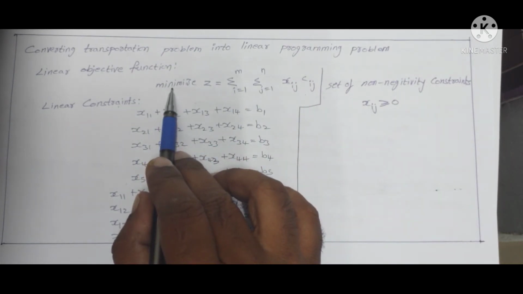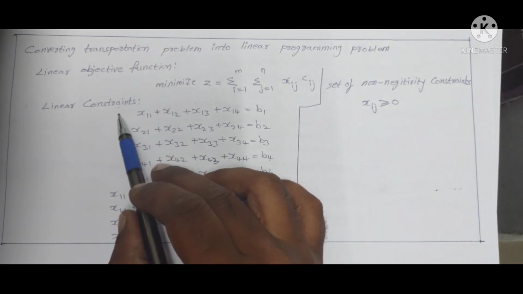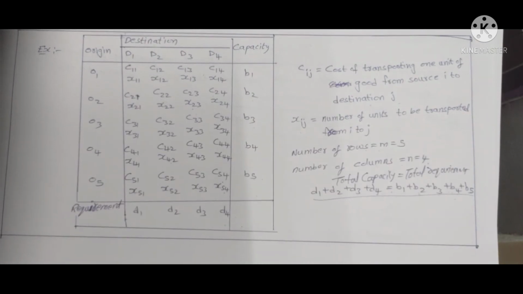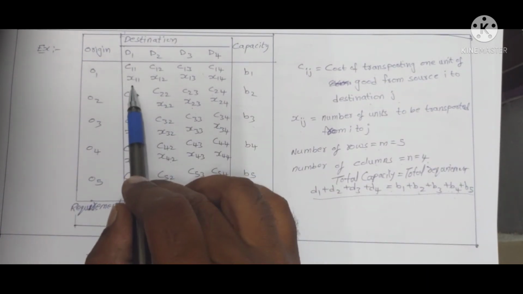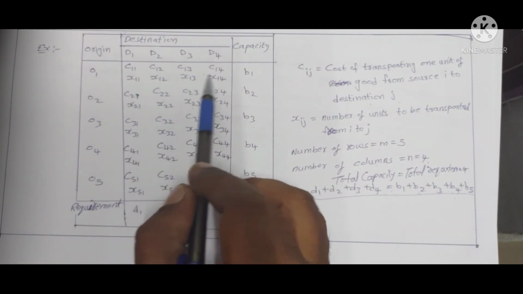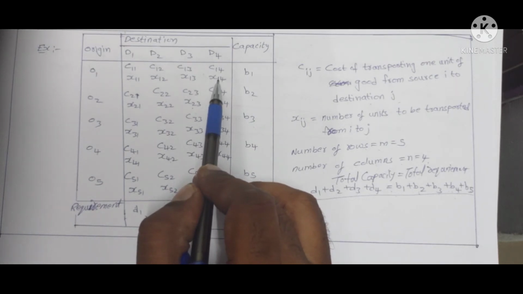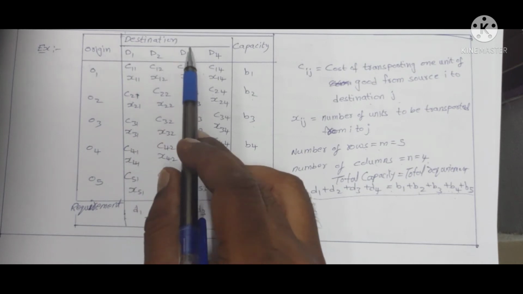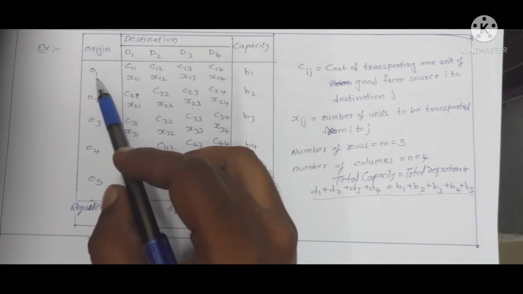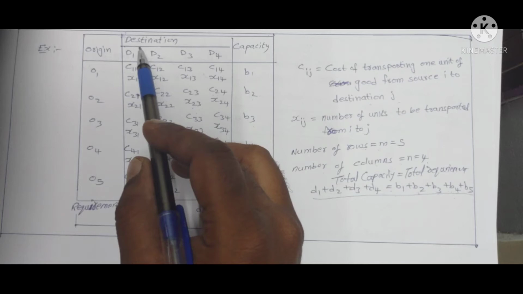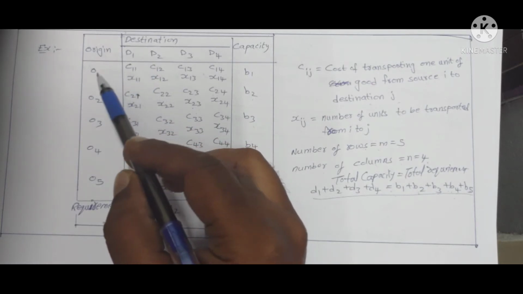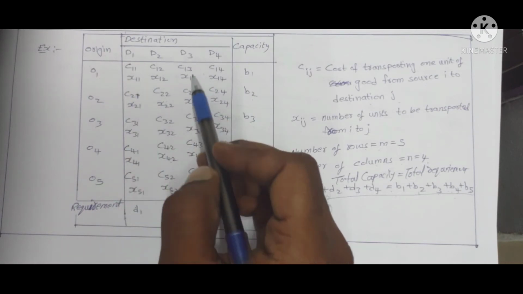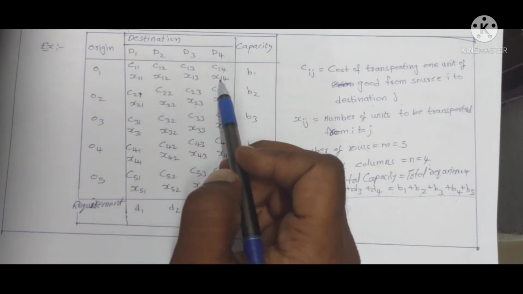Next, we have to frame a set of constraints. How to frame a set of constraints? If you see this table, x11, x12, x13 and x14 are the goods transported from origin O1 to destinations D1, D2, D3, D4. That means from origin O1 to D1, how many goods are transported? X11. Similarly, from O1 to D2, X12. From O1 to D3, X13. From O1 to D4, X14.